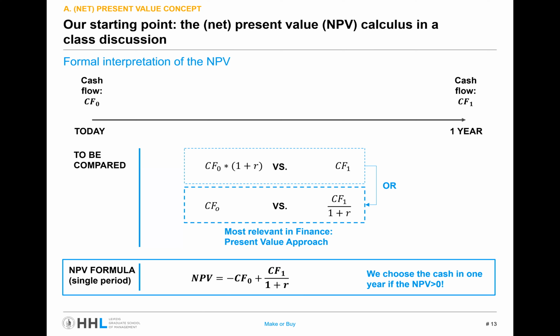And if it's positive, then we would say that is a good decision. So waiting for 1 year and taking the 110, that would be a good decision. If R would be 15%, so if my opportunity costs would be 15%, if I could take the 100 today and rather invest it at 15%, then it would be a pretty bad decision to wait for a year. Okay, so that is the way it works.